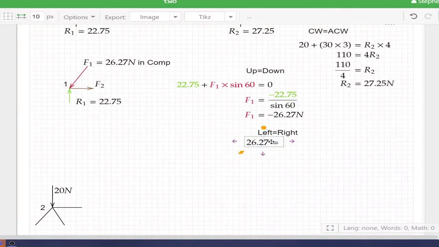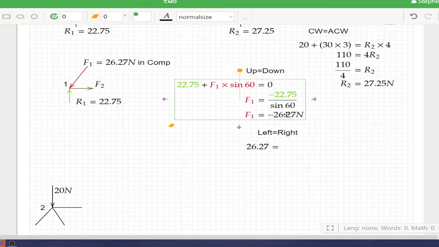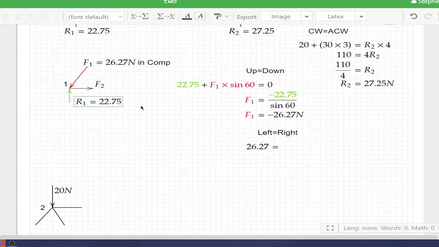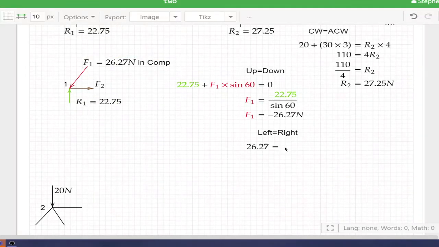Of course, if you're using a calculator, then you'll have that answer in memory, so when you come to the calculation, you can do this to much more accuracy than I've done.